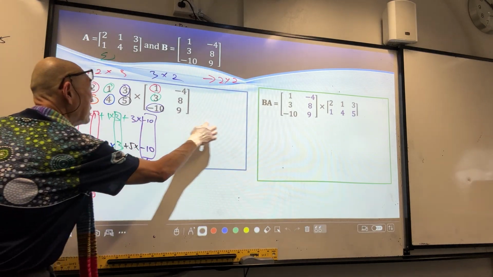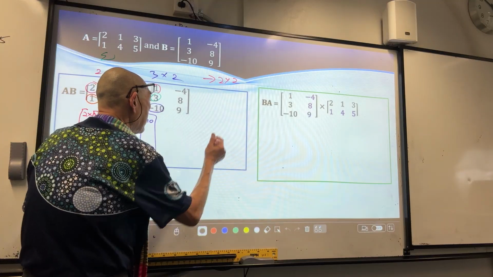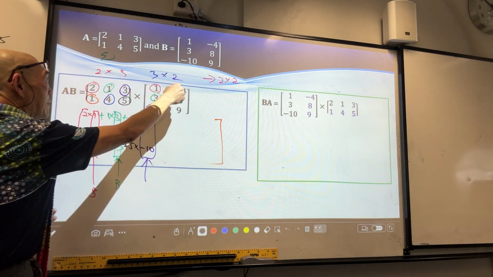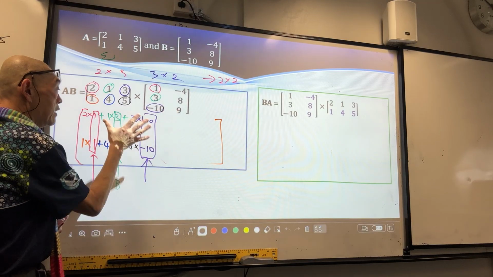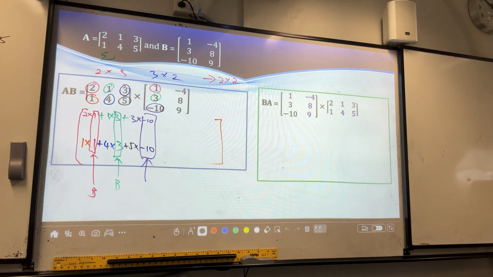Now, can you work these two out, please? I am not going to show you, but I would like you to work it out. What are they? Write it down step by step. So the hint is this times that, row by column. Row by column.